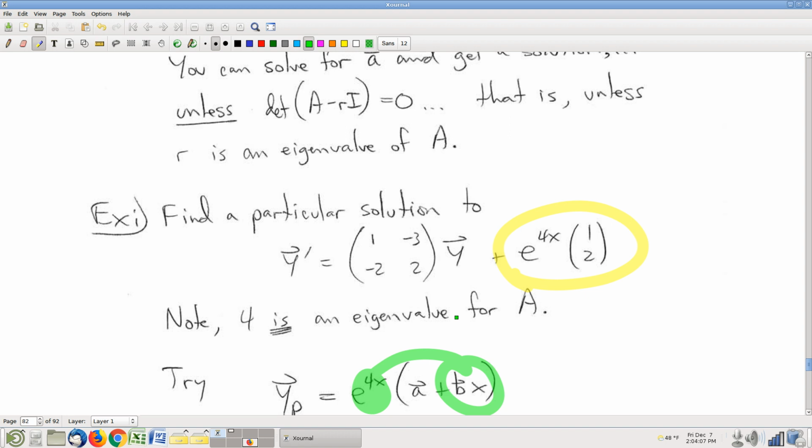I can't derive and tell you exactly where this comes from, but my speculation goes like this. If I take this green term here and add it into my guess, think about what happens when you take the derivative of this green term on the left-hand side. We've got an exponential times x, so there's going to be a product rule.